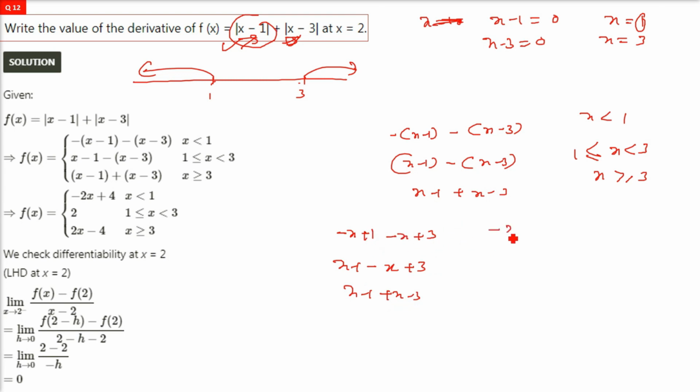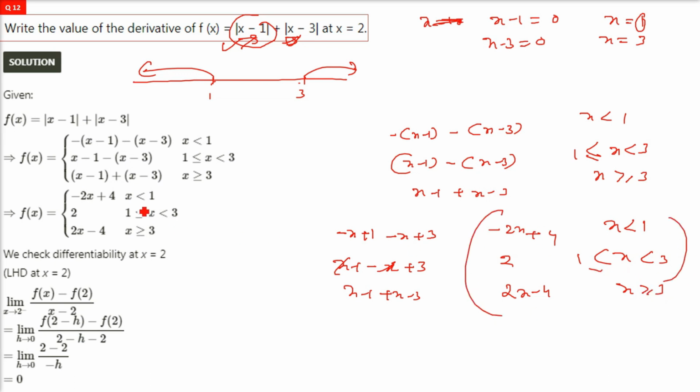This is going to be minus 2x plus 4. This gets cancelled. 3 minus 1 is 2. And 2x minus 4. This is for x less than 1. This is for x between 1 and 3 inclusive of 1. And this is going to be x is greater than or equal to 3. Okay, I hope you got the idea. How did we get this answer?